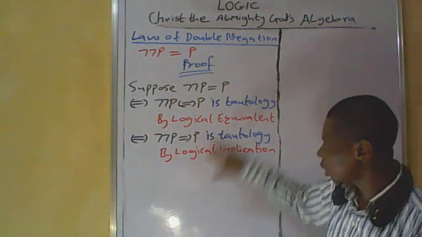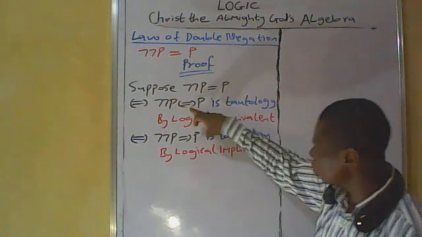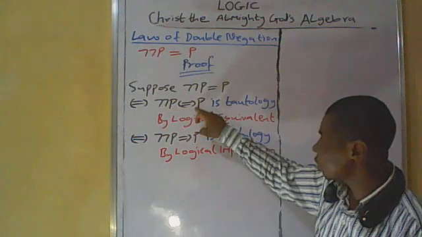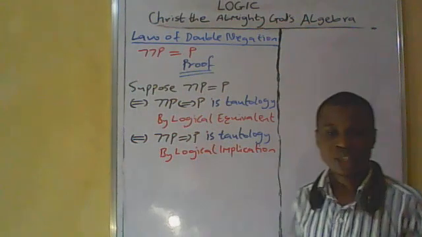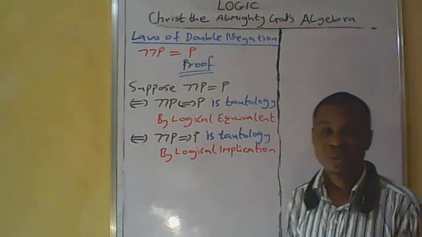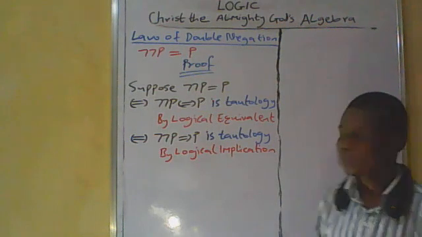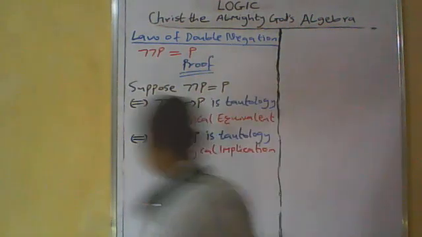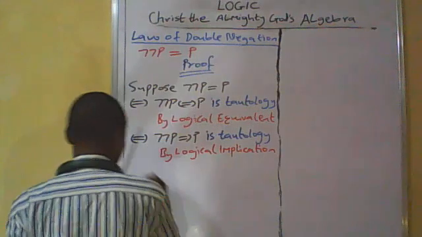That means it is through logical implication that we transform this biconditional statement to a conditional statement and it still preserves truth, tautology. See, if this is true, this also must be true.